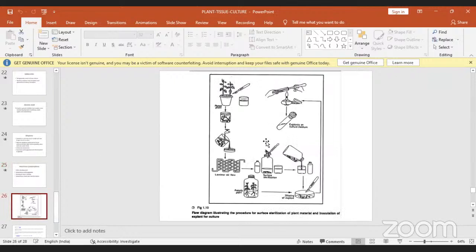These are schematic diagrams of the sterilization and implanting of the explant for culturing. Okay, these are the processes. The first is the plant, second is the surface.